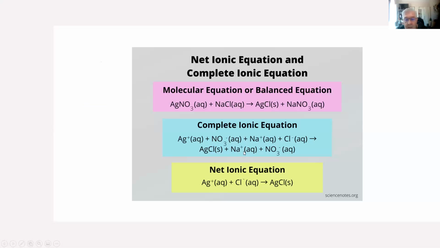These are called spectators since they don't take part in the reaction. They remain in ionic form. But silver combines with chloride to form silver chloride, that is a solid. And this is the net ionic equation.